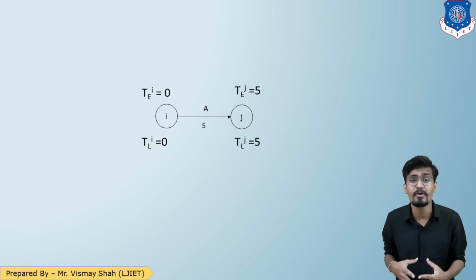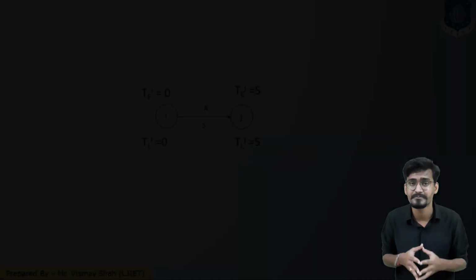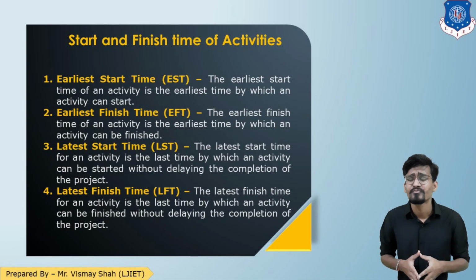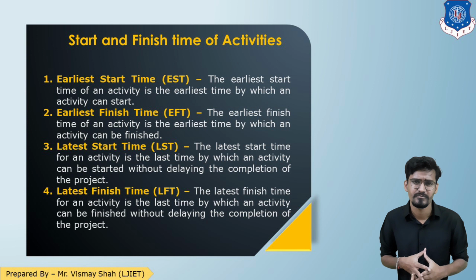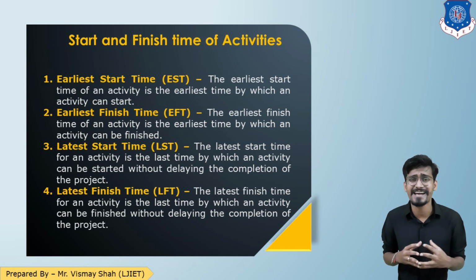Now let us discuss activity timing, the start times and finish times of the activity. There are 4 kinds of timings: earliest start time, earliest finish time, latest start time, latest finish time. So what is earliest start time?